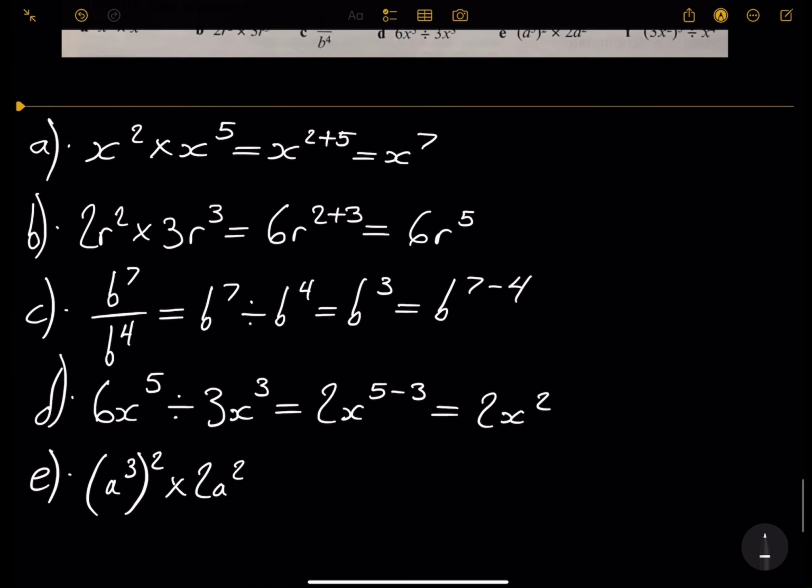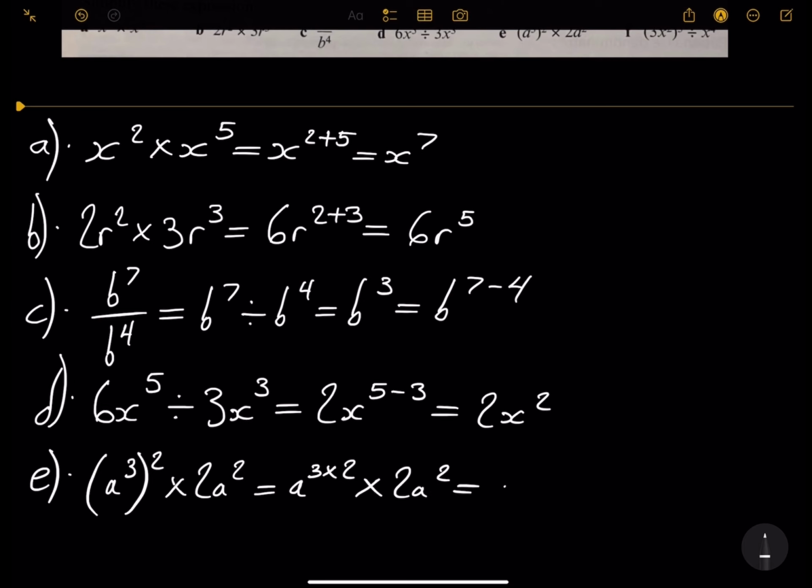So in this case, we're going to look at the third index law we talked about at the start, which is we multiply 3 by 2, because a to the power 3 is all being raised to the power of 2, so we end up with a raised to the power 3 multiplied by 2, multiplied by 2a squared.